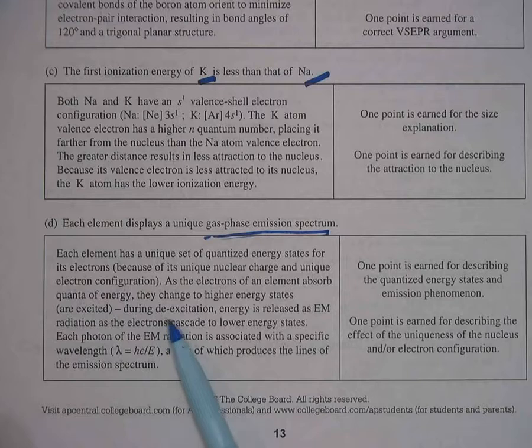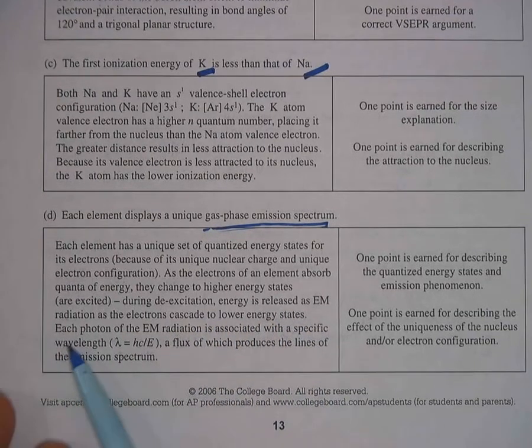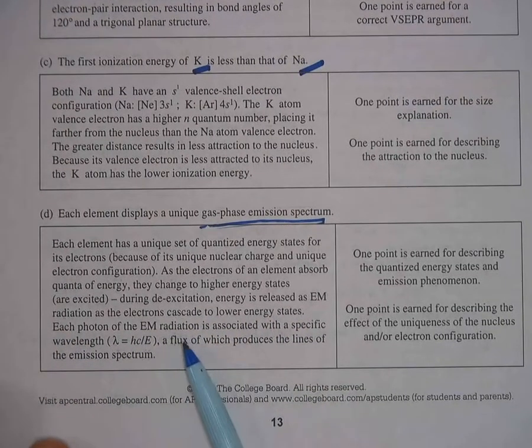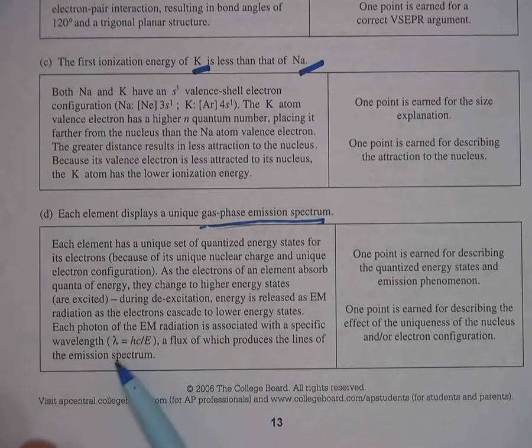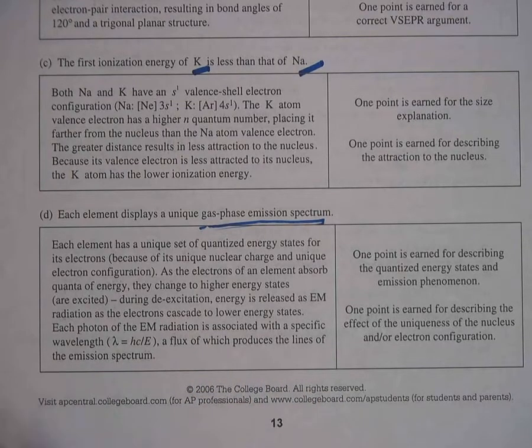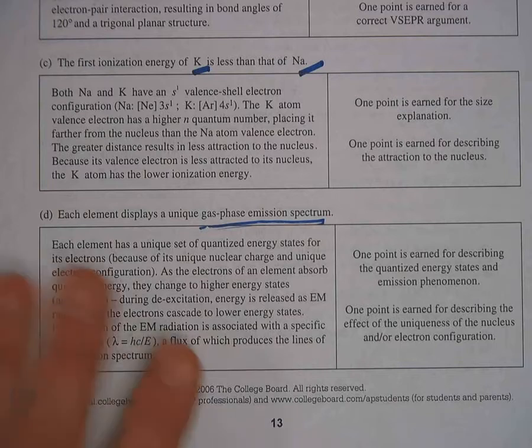During de-excitation, energy is released as electromagnetic radiation as the electrons cascade to lower energy states. Each photon of the electromagnetic radiation is associated with a specific wavelength, wavelength equals hc divided by E, a flux of which produces the lines of the emission spectrum. Wow, that was quite the explanation.